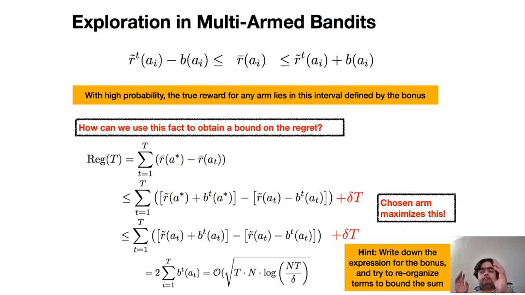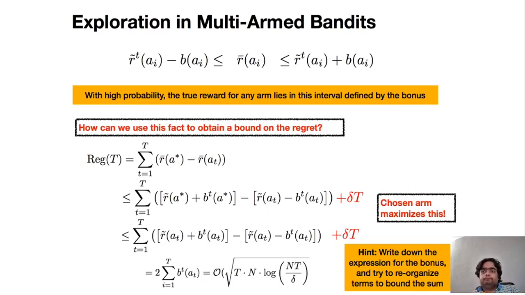For now, without loss of generality, assume that constant is equal to 1, because that just removes the number of constants from here. Or you can think of it as an order term, delta times big O of t, which means it's of the order of t. So you're just incurring an additional term that looks like delta t in the case when the high probability regret bound does not hold true, and the probability with which it does not hold true is delta.